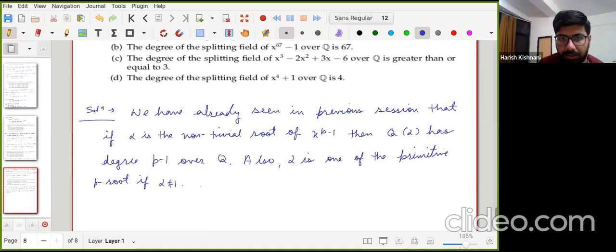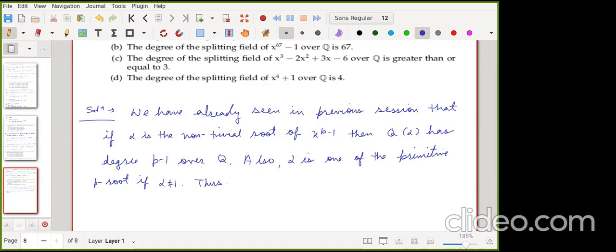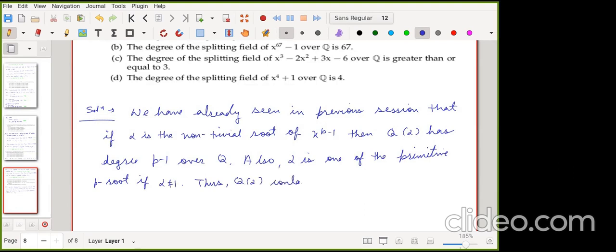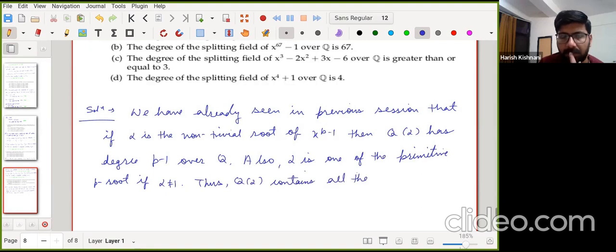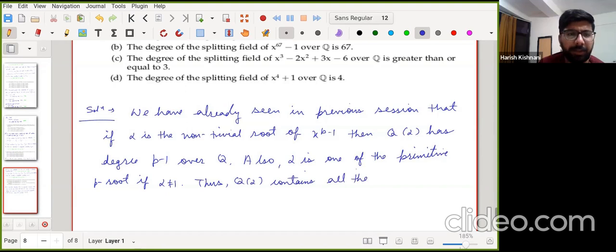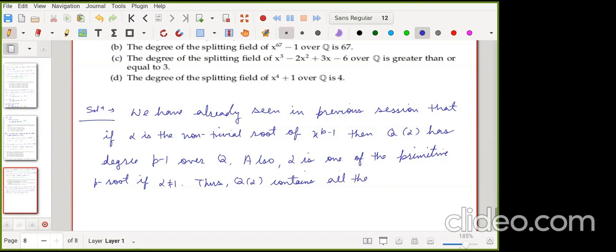So thus Q(alpha) contains all the primitive pth roots of unity. Primitive roots of unity, right?